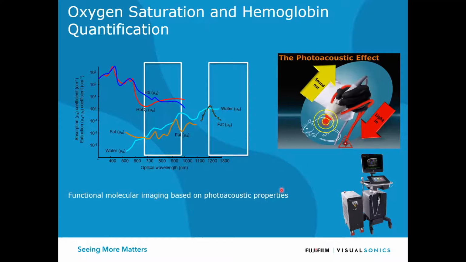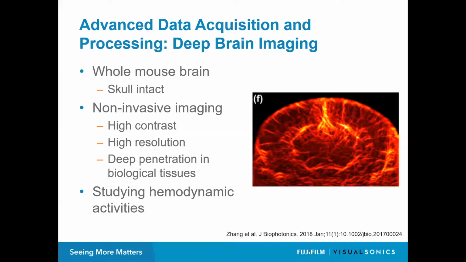Deep tissue, meaning going beyond a few millimeters, can be done, for example, on the brain. So this is advanced imaging and advanced processing. This is a completely non-invasive image. This is a mouse brain. The skull is intact.